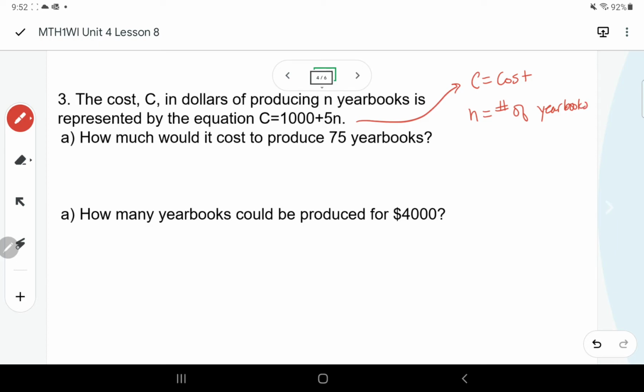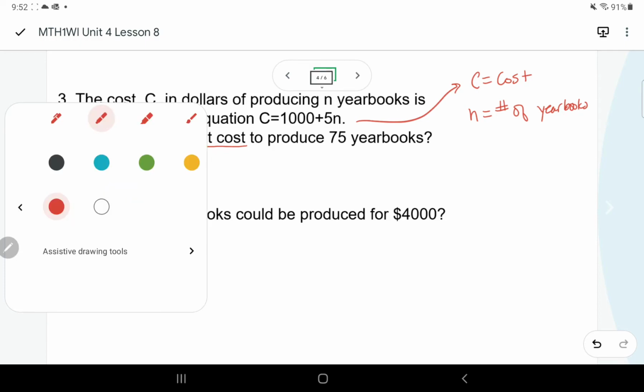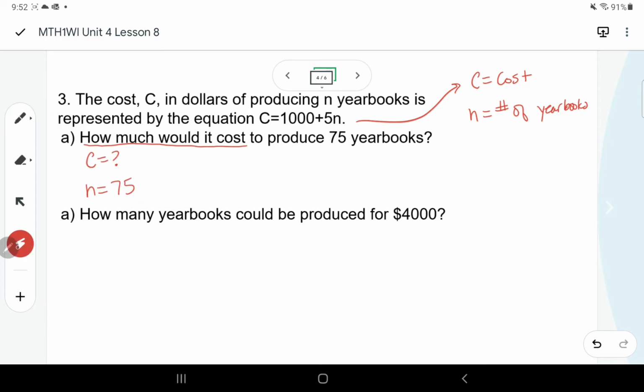So this question says, how much would it cost? We don't know the cost, but we are given this number of 75, and that's how many yearbooks. So when you see a number, make sure that you're matching that number up with the right variable. So 75 is the number of yearbooks, so that's the N. So C equals 1,000 plus 5 times 75.